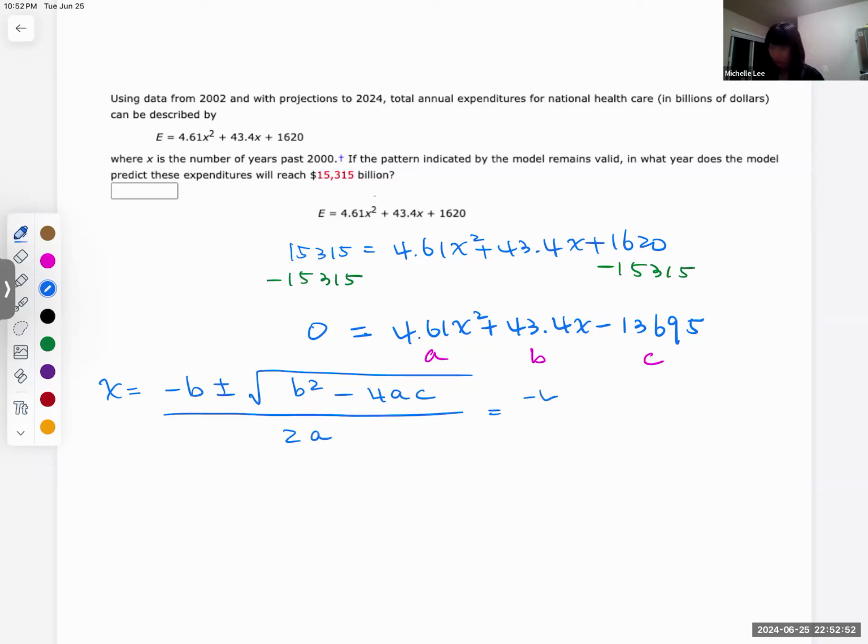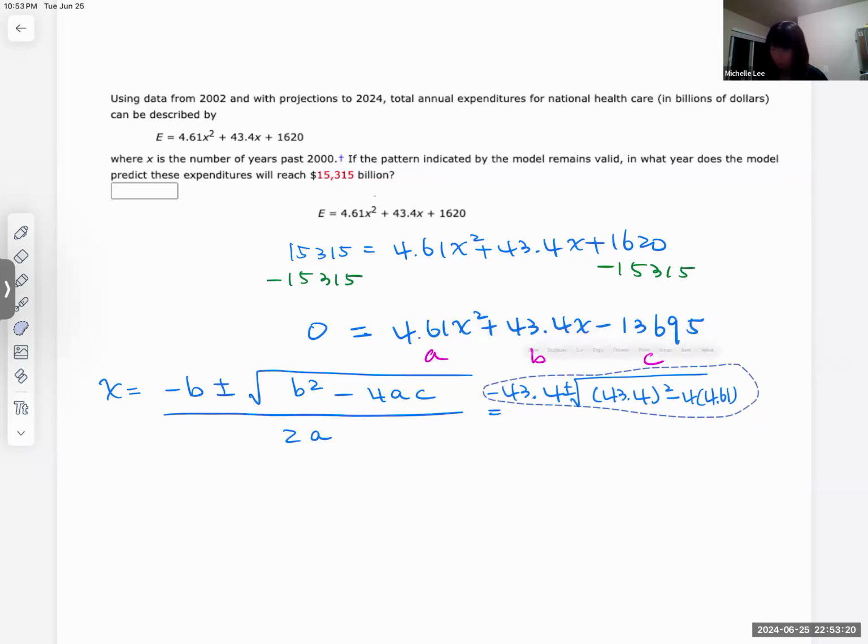Okay, that is negative 43.4 plus or minus the square root of B squared, which is 43.4 squared, minus 4AC, 4 times A times C, which is negative 13,695, right?